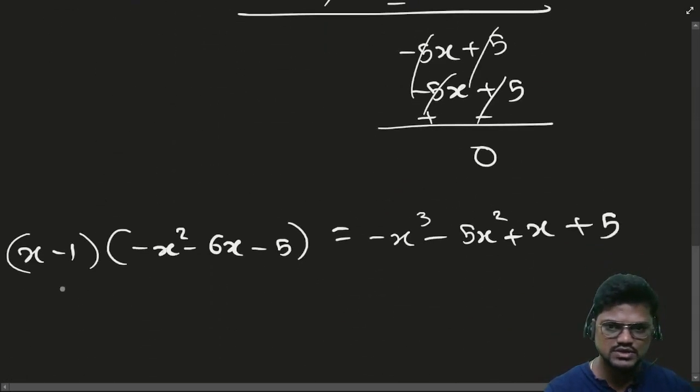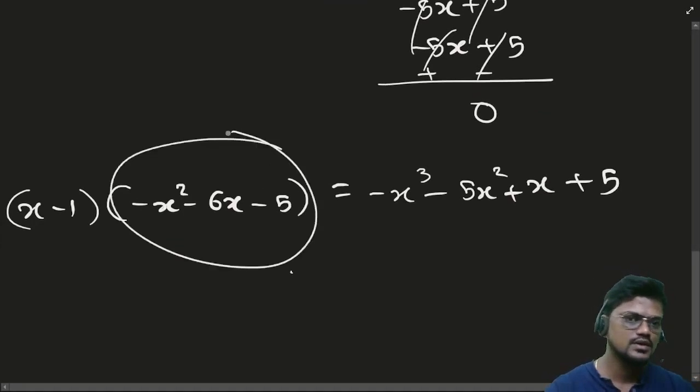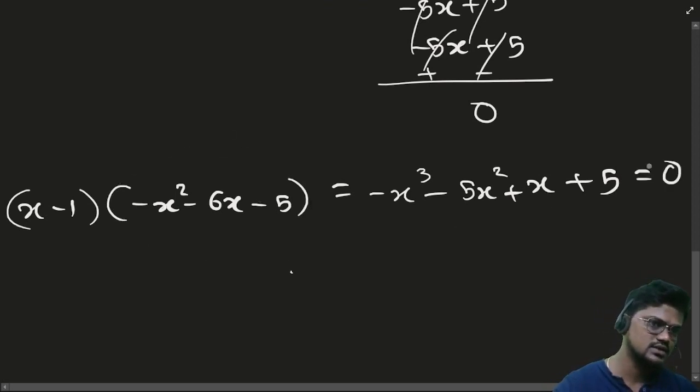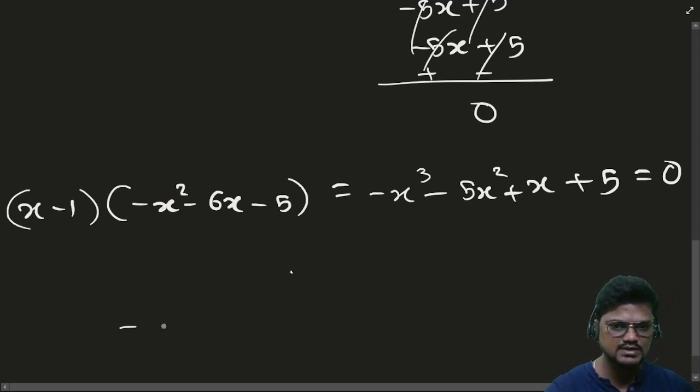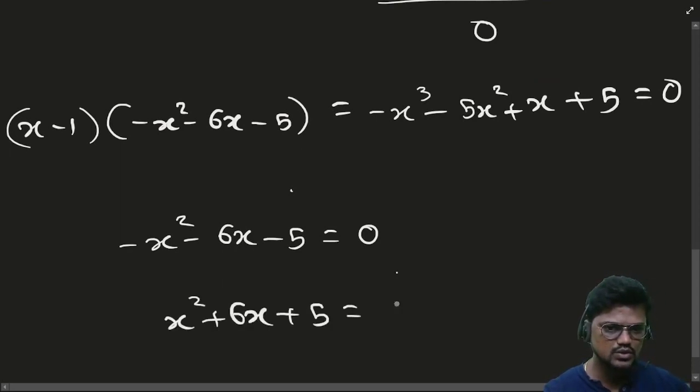So this into this is equal to this. That means this will have the other two roots. To find the other roots, we have to equate this to 0, because this is equal to 0 ultimately. So this into this should also be equal to 0. So minus x square minus 6x minus 5 will be equated with 0. If you multiply with minus throughout, what you get? x square plus 6x plus 5 is equal to 0.